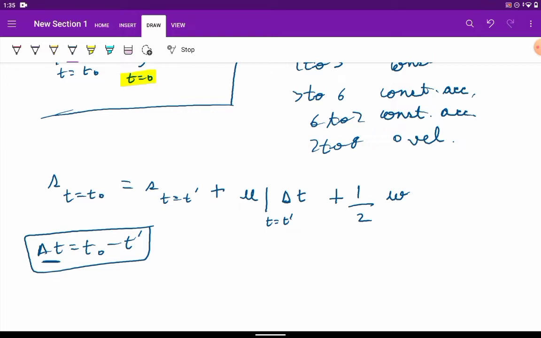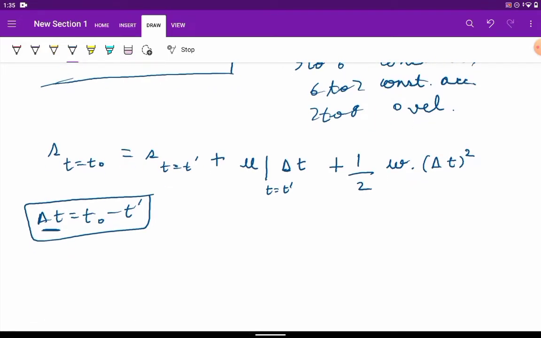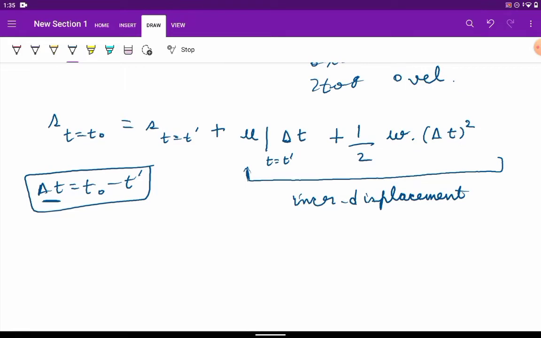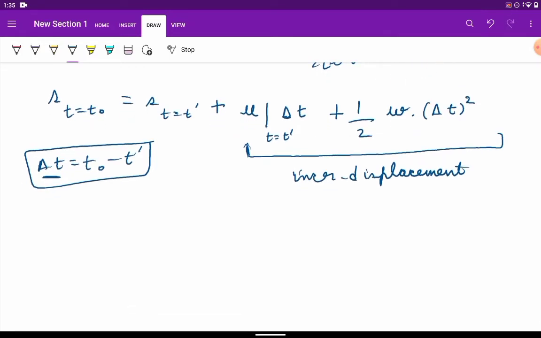We are assuming that during this delta t the acceleration is a constant value, so I'm just writing it as w into delta t whole square. Now this distance is nothing but the incremental displacement from t dash to t naught. That's what it is. So this equation makes sense now.